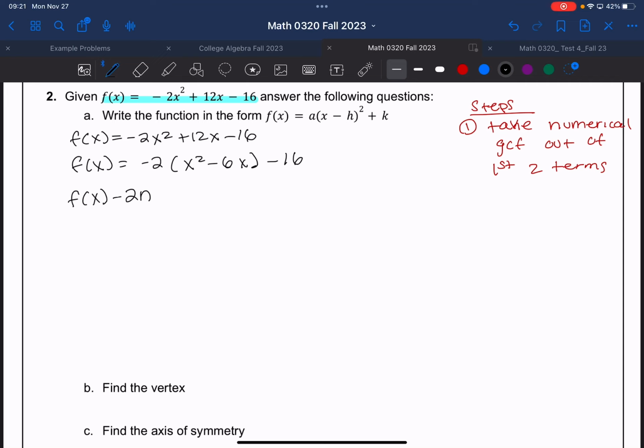So whenever I write my n on the inside of these parentheses, if I distribute that -2, technically I'm adding a -2n to the right side.